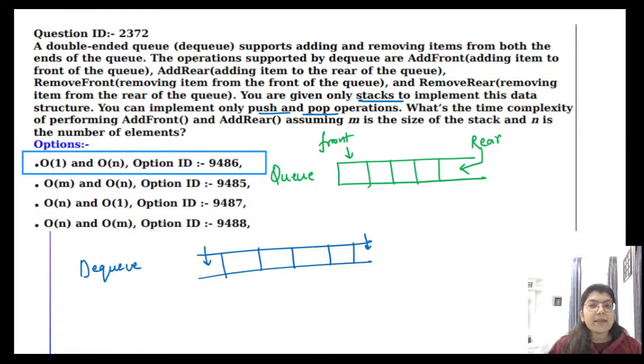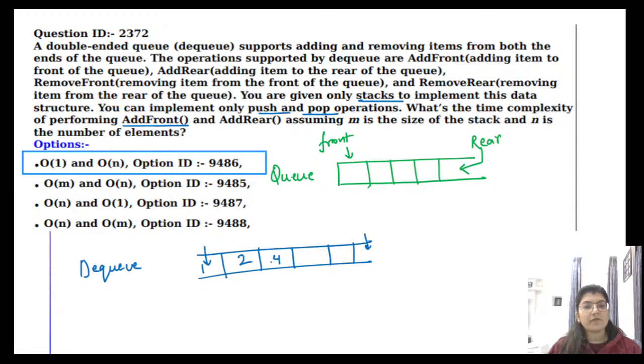Now they are saying time complexity to perform the add front. Now if I have to add something in the front, what will be the time complexity? To add something in the front, I simply push.